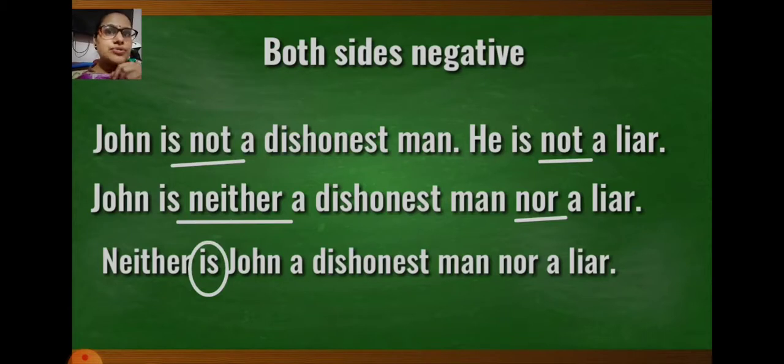When you put neither in the beginning, remember that an auxiliary must come between neither and the subject. Neither is John a dishonest man nor a liar. If it was John was, then neither was John a dishonest man nor a liar. Hope you have understood the concept.